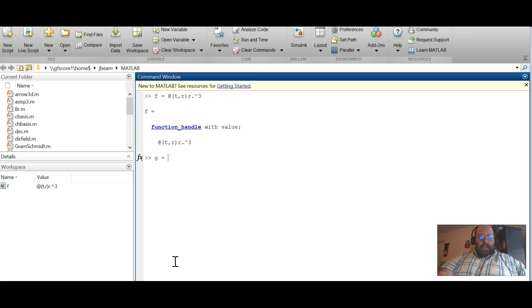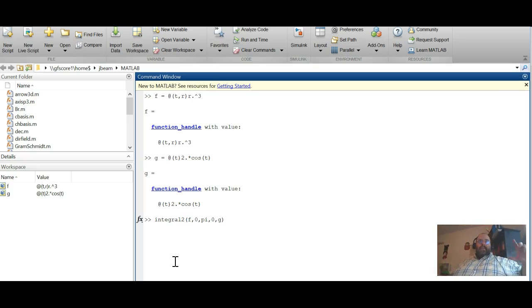I need a g, which is going to be a function of theta alone, which is going to be that 2 times cosine theta. Right, so I get the f and the g, and we're going to take an integral 2 of f from 0 to pi, and then from 0 to g, right?